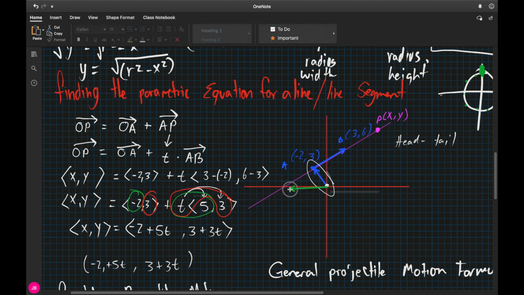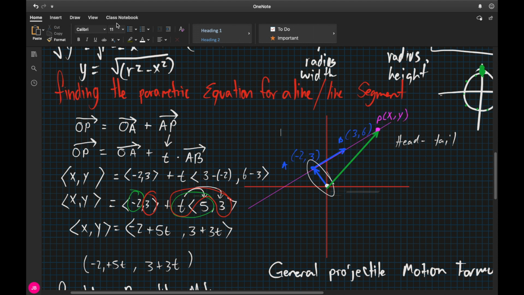So I could have chosen that point right there, and that is still going to be a scalar of AB. I could have chosen that point right there, but the fact of the matter is that this vector is going to point to any point on this line, provided that my t is the scalar of whatever that point is.